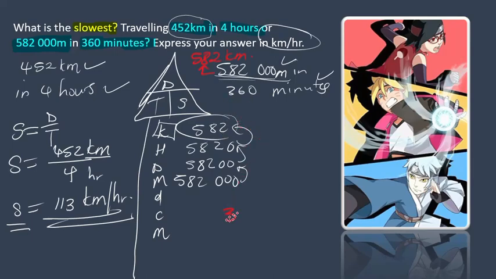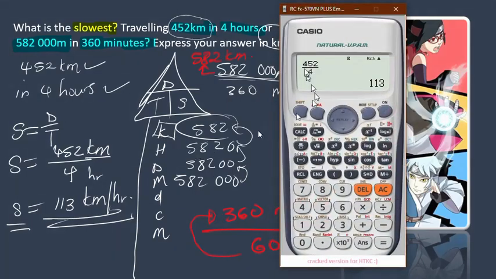I have 360 minutes. How many minutes are there in an hour? Because I need to convert this into an hour. I have 60 minutes. So now 60 into 360 goes how many times? It goes 10 times. Listen. No, it doesn't go 10 times. Let me use my calculator, guys.